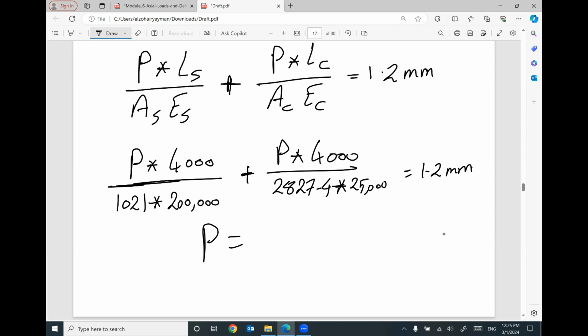The applied force will be 15,752.6 Newton or 15.75 kilonewton.